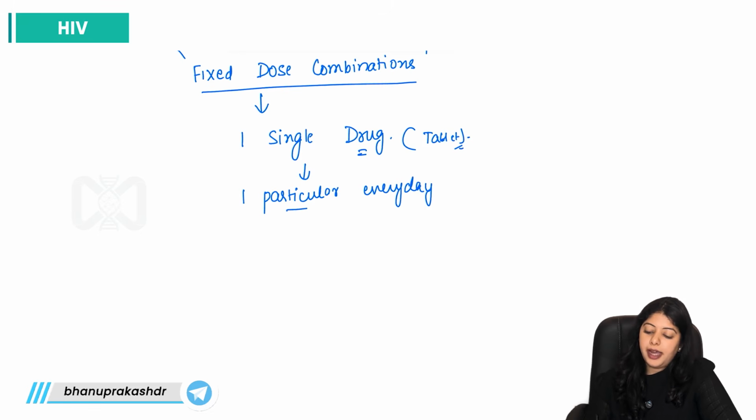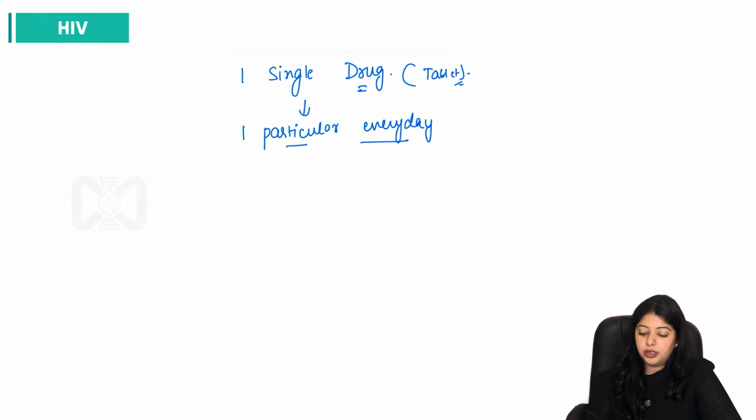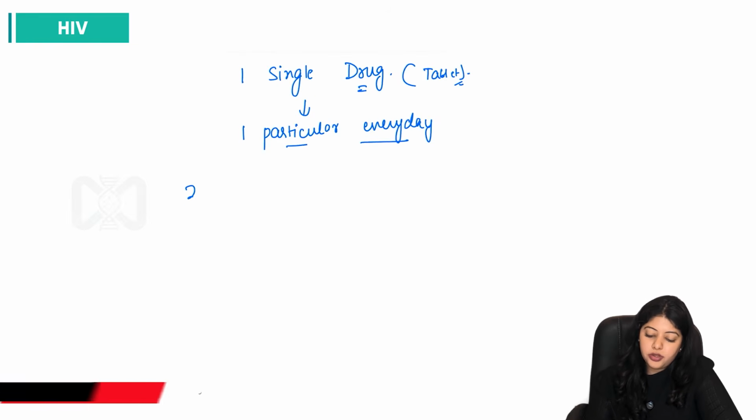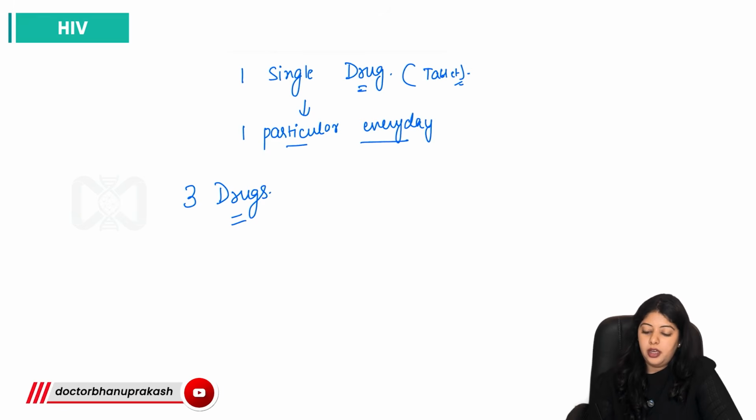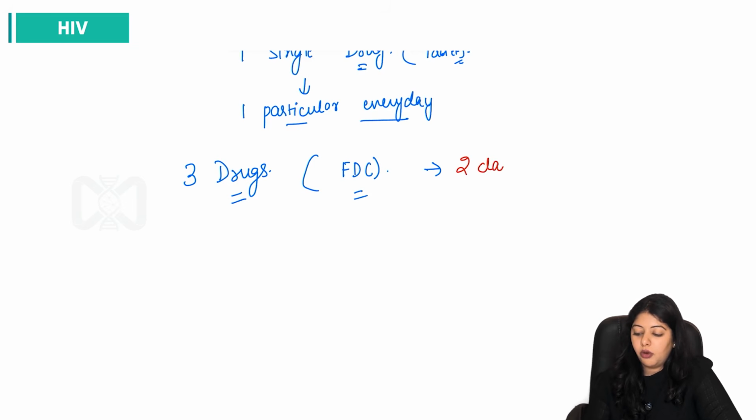It is provided at one specific time. And it should include three drugs in fixed dose combination, FDC, from at least two classes of ARV.